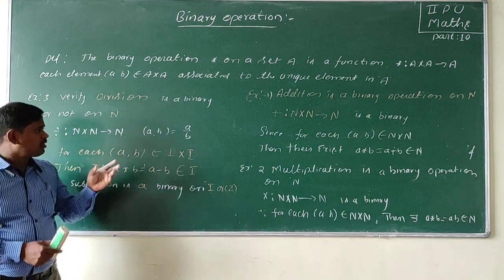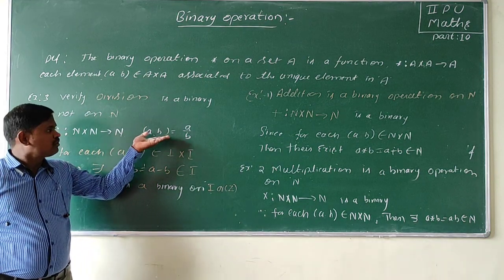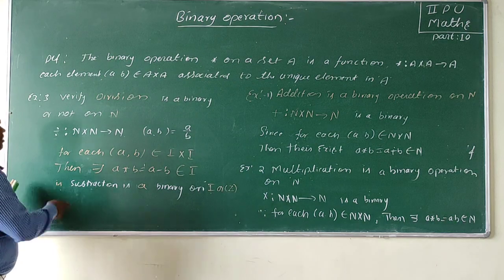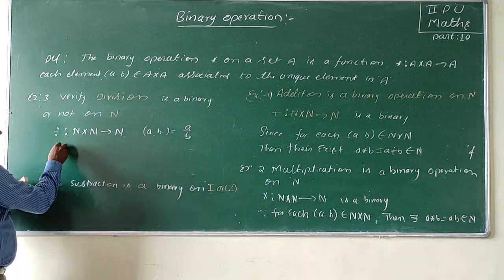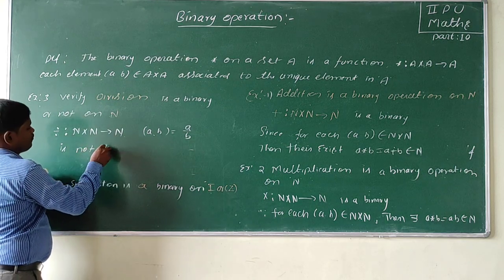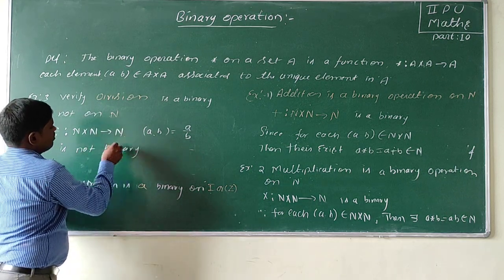What happens? It is not binary. Why is it not binary?